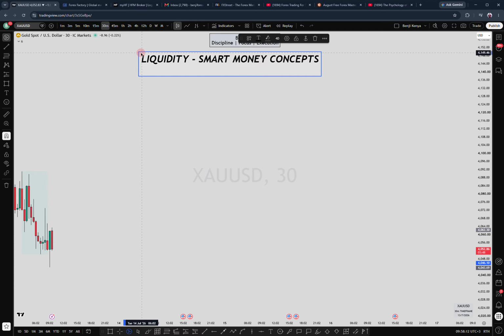So we want to begin this session. We're going to be discussing what is liquidity, why is liquidity very important to understand, and where does liquidity form. Types of liquidities that we usually have: liquidity sweep, liquidity grab, breakouts, external range liquidity, internal range liquidity, and also how to trade using liquidity on a bullish setup and on a bearish setup.